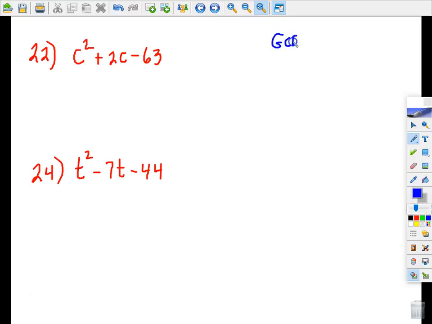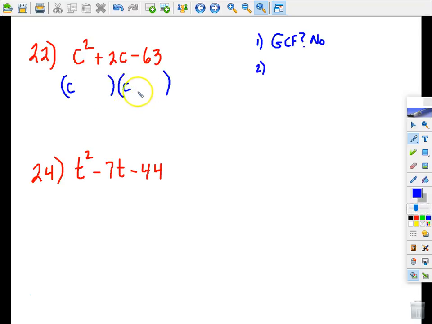Again, I just want to make this question part of your factoring process. Is there a GCF? Well, there is not. All right, so my next question would be, can I factor this quadratic trinomial as the product, which is another word for multiplying? Can I multiply two linear binomials together?